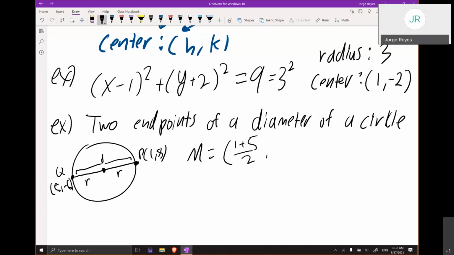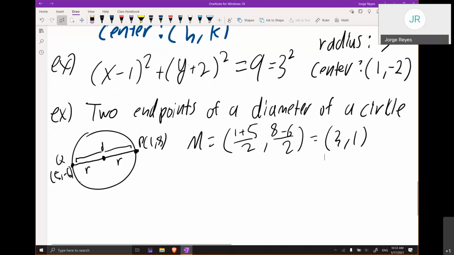We're going to use the midpoint formula, and this is why the midpoint formula is important. So (1 plus 5) over 2 and (8 minus 6) over 2 gives 3, 1. So the center of the circle is (3, 1). The radius is going to be half of the distance, so we need the distance formula. I'm going to do (5 minus 1) squared plus (-6 minus 8) squared.